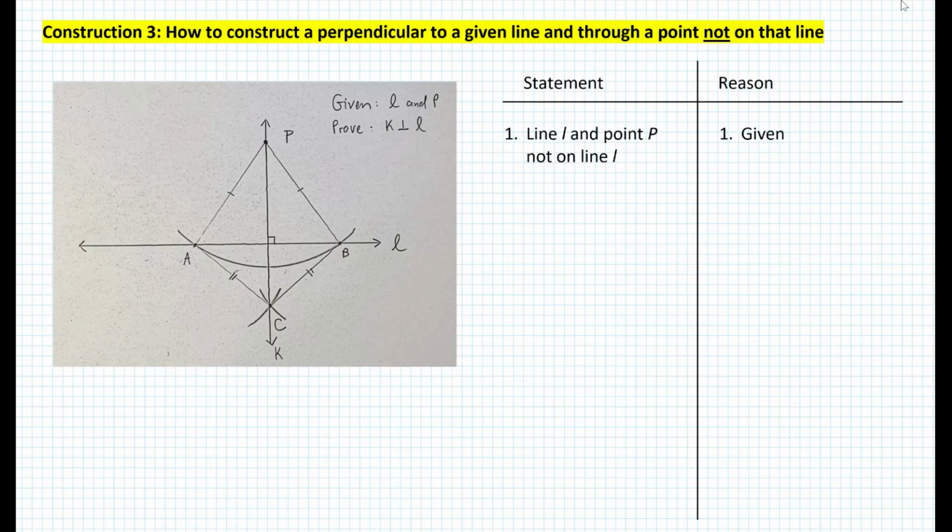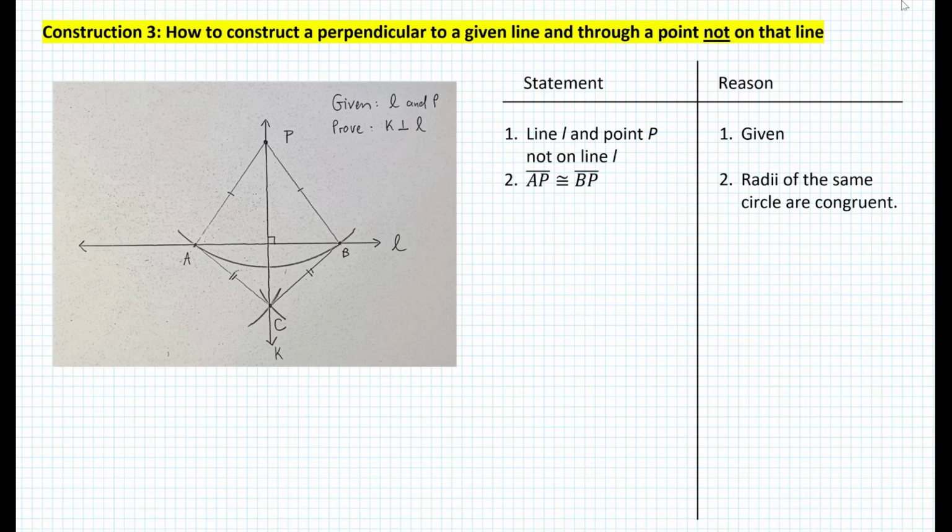So in the statement reason table, the first statement is line L and point P not on line L, which is the given. Then what have we done afterwards? Well, from point P, we drew the arc through points A and B as shown in the figure. And it turns out again that segment AP and BP are congruent. So for statement number 2, we write segment AP congruent to segment BP because radii of the same circle are congruent.